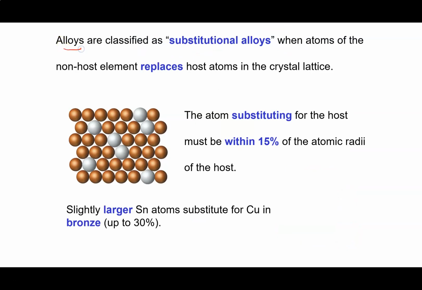Alloys, as well as being classified as heterogeneous or homogeneous, may also be classified as substitutional. In a substitutional alloy, you replace one of your host atoms with another kind of atom. In the case of bronze, we're replacing copper atoms with the slightly larger tin atom.